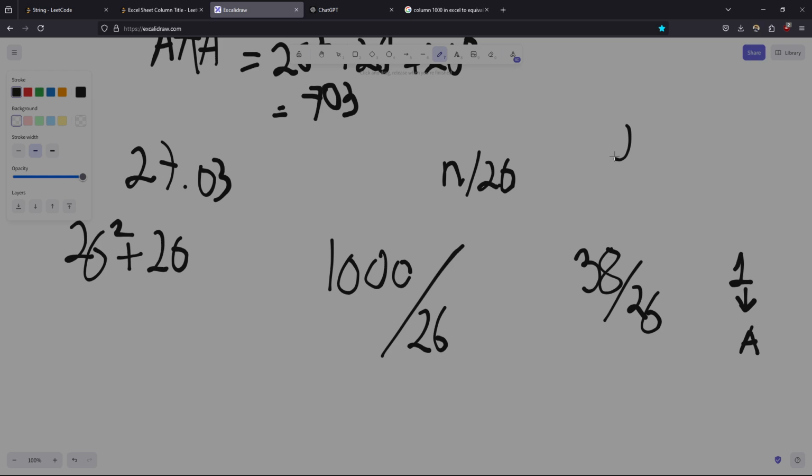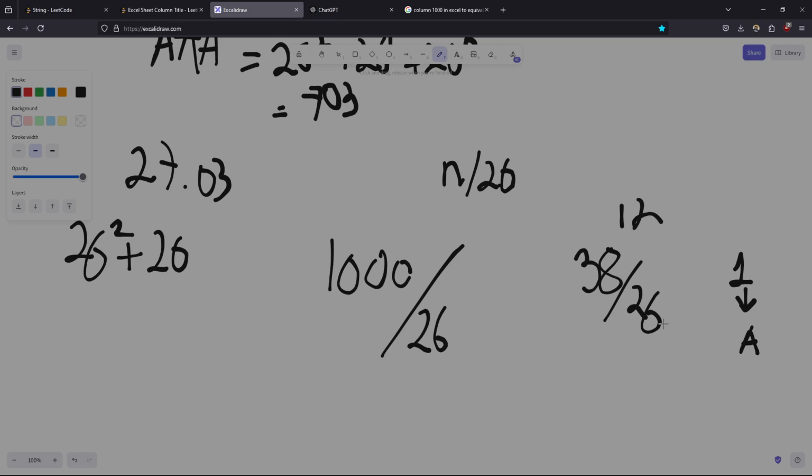So what we can do is, in that same if condition, we can take the remainder, and the remainder will be 12.